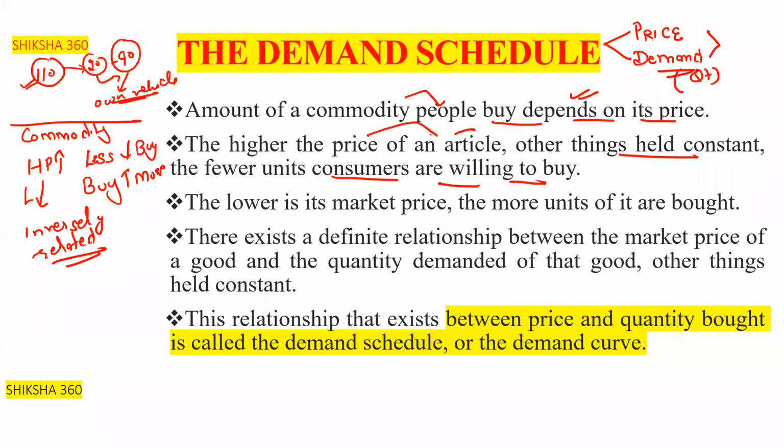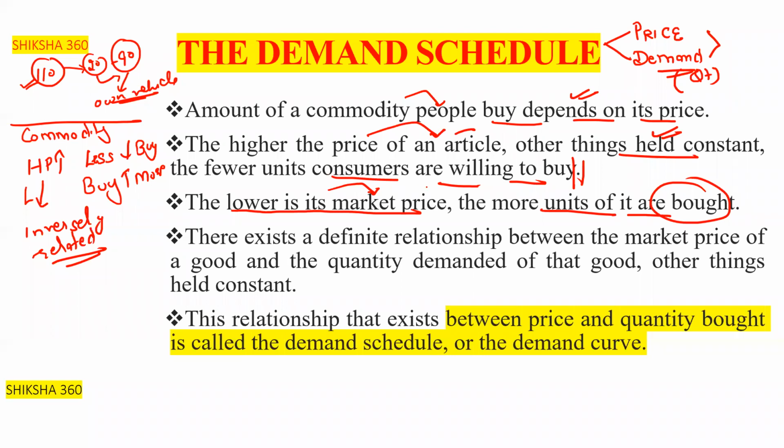The higher the price of an article, other things held constant, the fewer units consumers are willing to buy. On the other hand, the lower its market price, the more units of it are bought. Higher the price, lower the buying; lower the price, more buying.